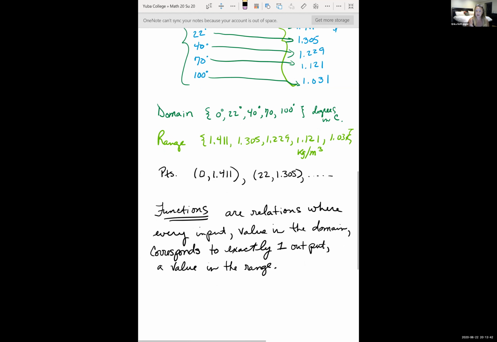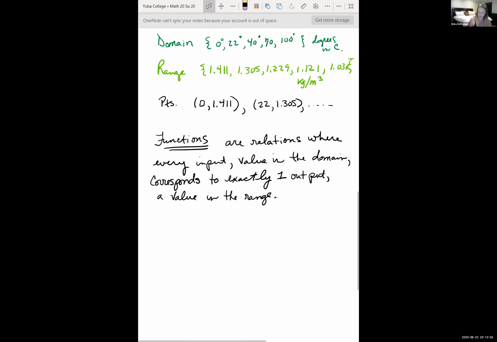So for every X value, there's only one Y value that corresponds to it. That X value has to be in the domain of our set, though. If it wasn't in our domain, that wouldn't make sense.